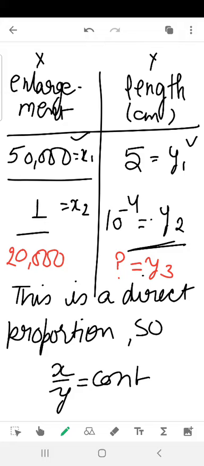So all I have to do is find the value of y3. I'm taking this one and this one, ignoring the x2 upon y2 part. This is also a direct proportion, so x1 upon y1 is equal to x3 upon y3.